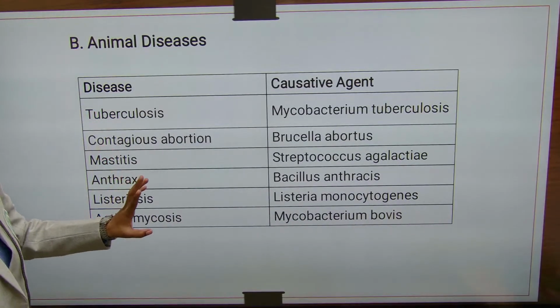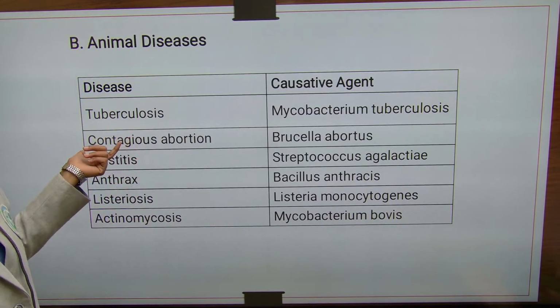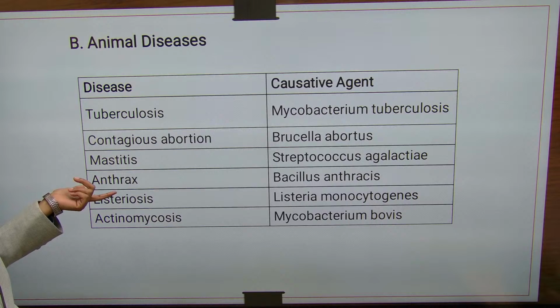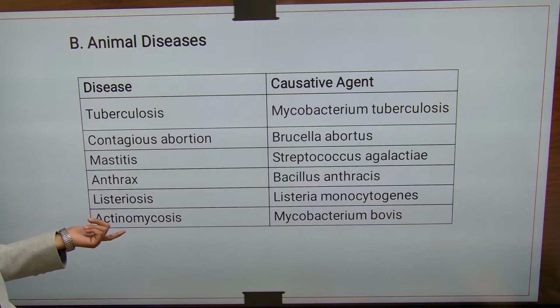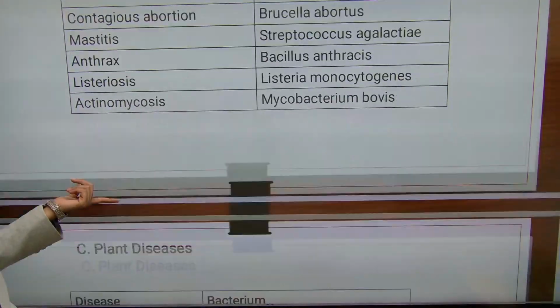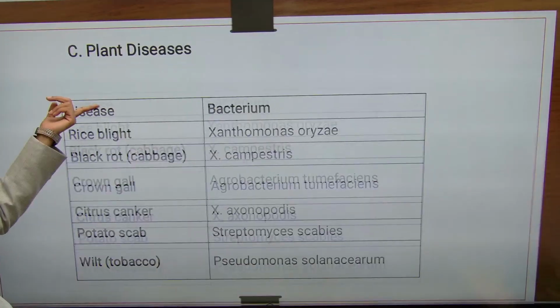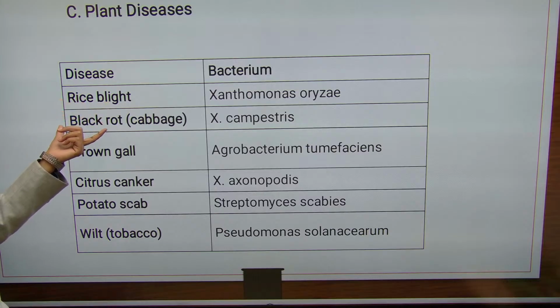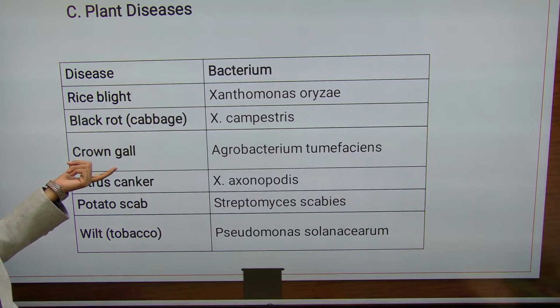Animal diseases caused by bacteria: tuberculosis, contagious abortion by Brucella abortus, mastitis by Streptococcus, anthrax by Bacillus anthracis, listeriosis by Listeria monocytogenes, actinomycosis by Mycobacterium bovis.